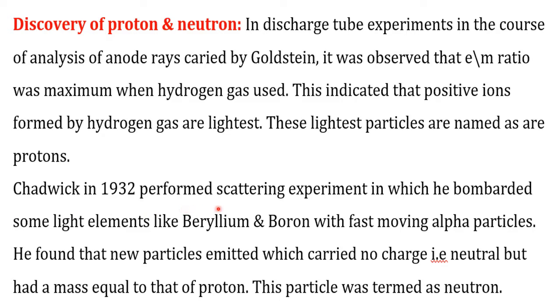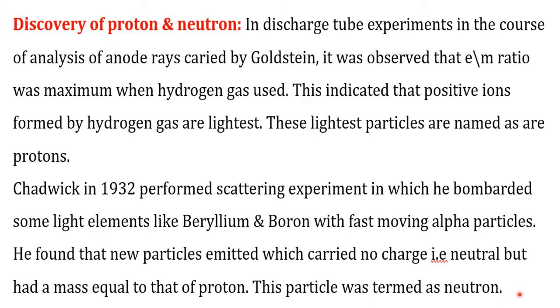Chadwick in 1932 performed a scattering experiment in which he bombarded light elements like beryllium and boron with fast moving alpha particles. He found that new particles were emitted which carried no charge, that is, neutral, but had a mass equal to that of protons. This particle was named the neutron.